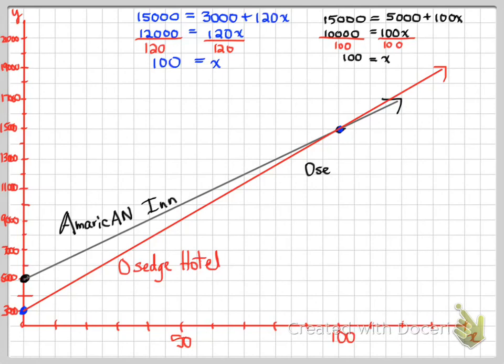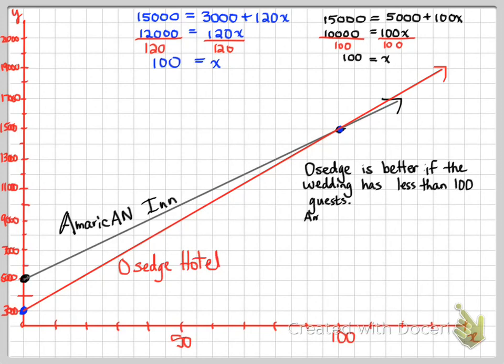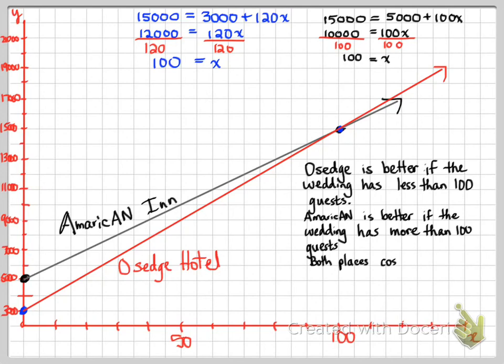So Osage Hotel is actually better if the wedding has less than 100 guests, so up to the $15,000 budget. American Inn is better if you plan on spending more than $15,000, because it is better if the wedding has more than 100 guests.